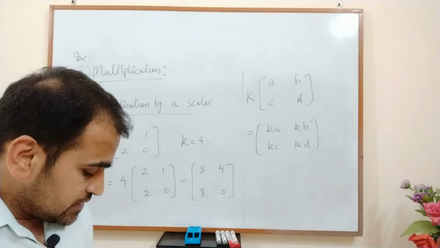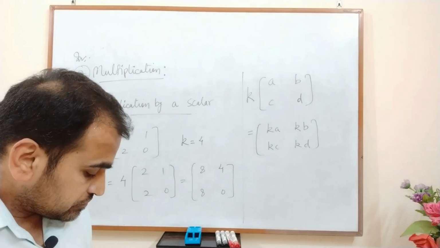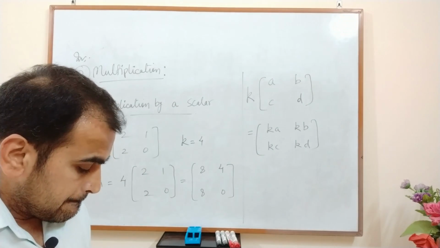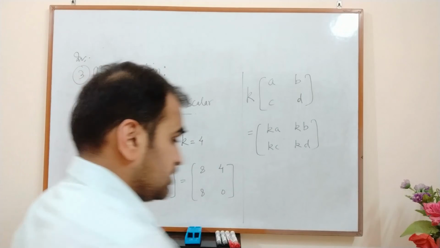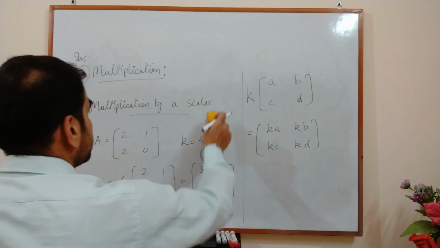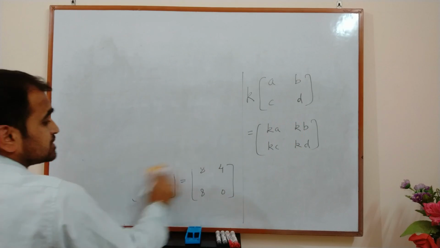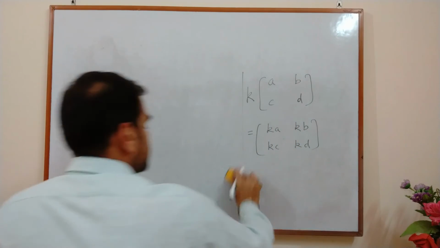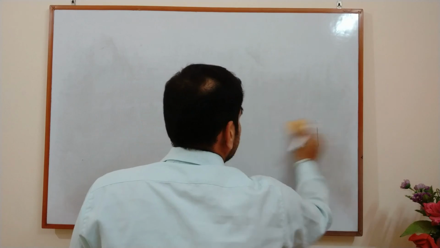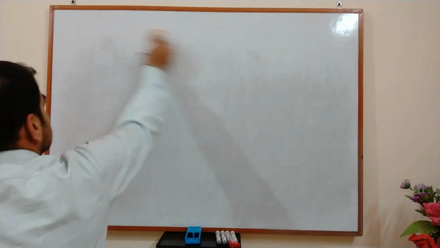So based on this, now we have some questions. Like if you come to exercise 3.2, this exercise has some questions based on the operations on the matrices that we will discuss in the next lecture. Fine.